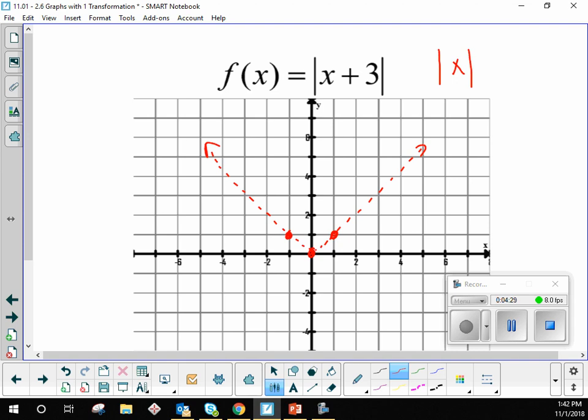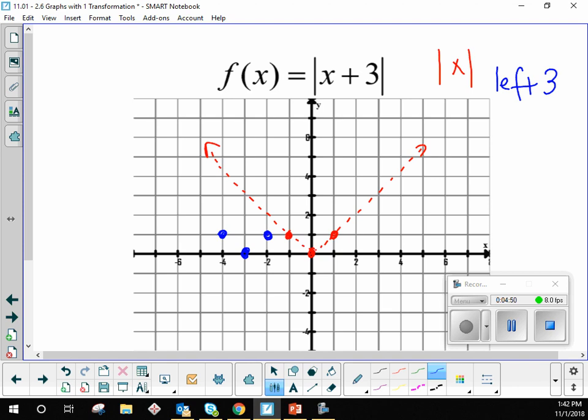So a plus 3 means my actual transformation is everything going left 3. You can do that a few ways. You can take all 3 of your parent points and just count 3 places to the left, and then connect them.